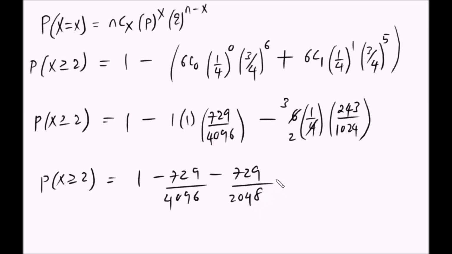So hii sasa itakuwa 1 minus 729 over 2048. Nime factor out kama hivi. So hapa tunabaki na 1/2 plus 1. If I factor it out, kwa sababu huyu times 2 ni huyu. So what do we get?